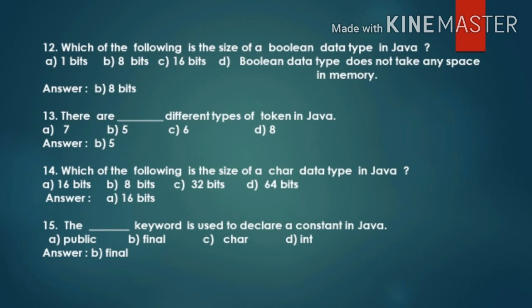Question number 15. The dash keyword is used to declare a constant in Java. The options are A. public, B. final, C. char, D. int. The correct answer is final. The final keyword is used to declare a constant in Java.